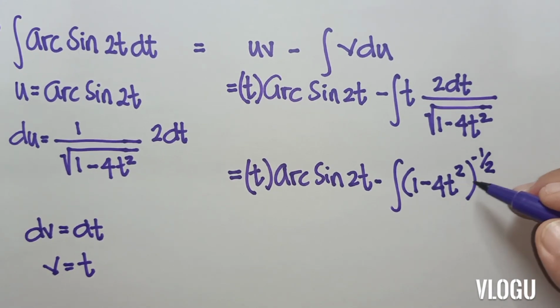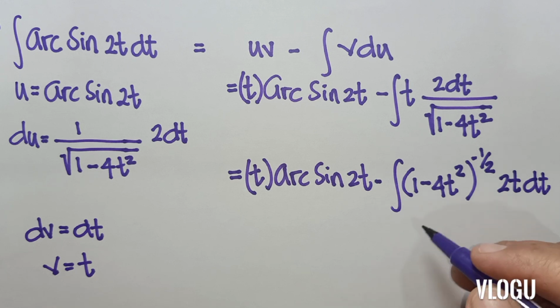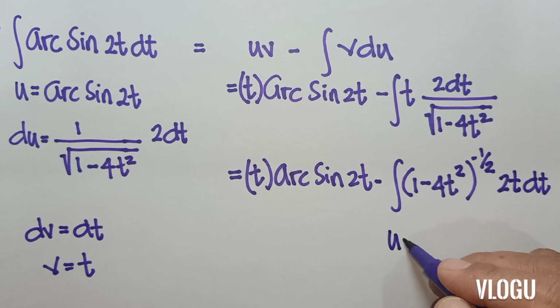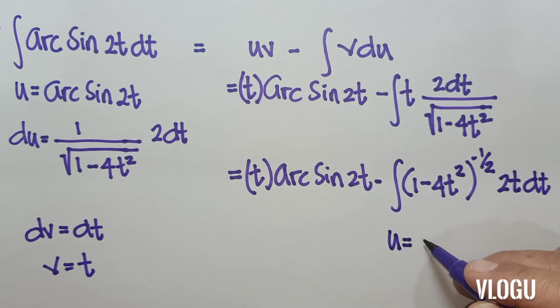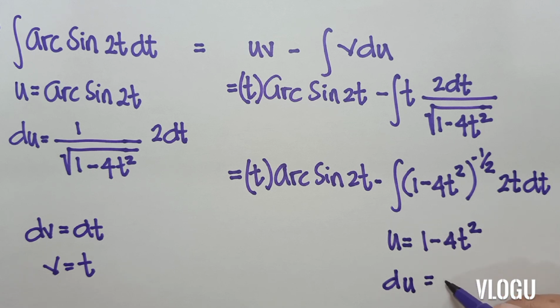We bring this up, so that becomes negative 1/2, and then 2t dt. Our u here is equal to 1 minus 4t squared. Du is equal to negative 8t dt.